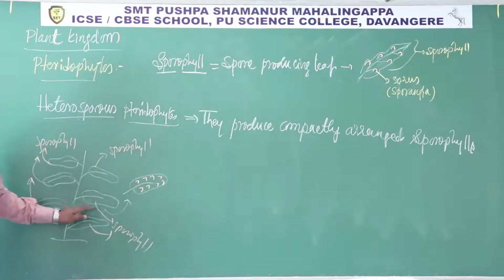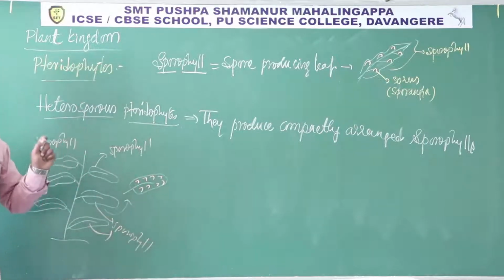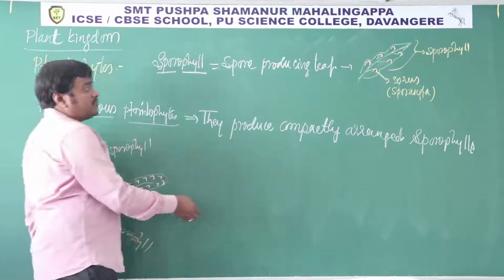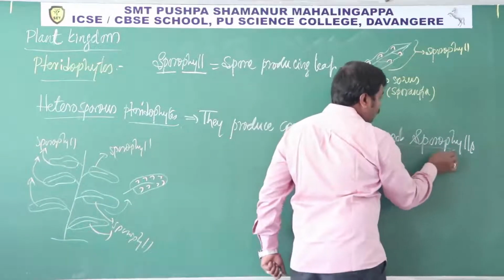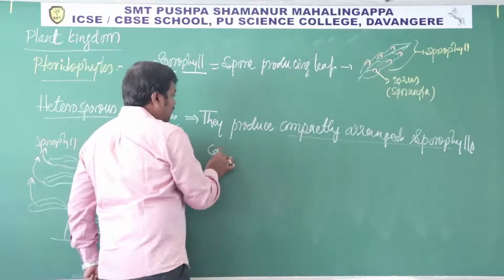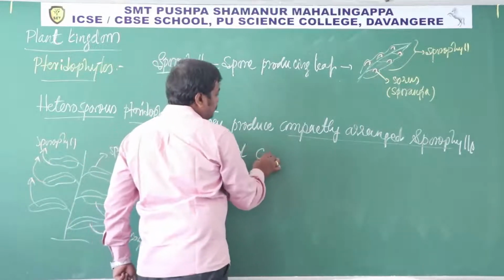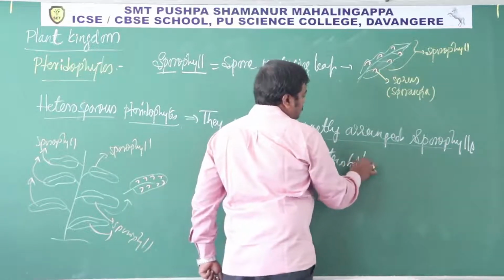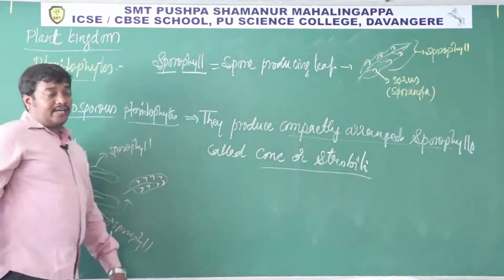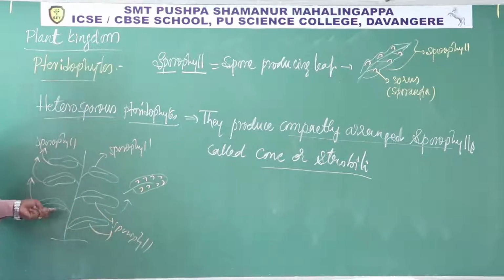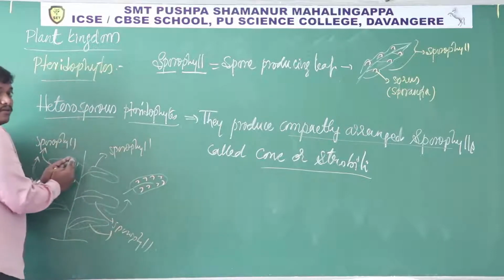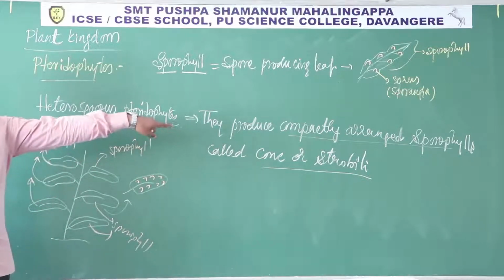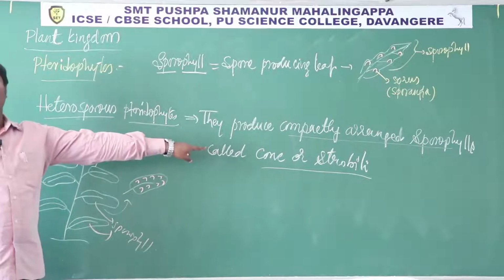In homosporous pteridophytes, these sporangia produce only one kind of spores. But in heterosporous pteridophytes, they produce compactly arranged sporophylls called a cone or strobilus. That is, all the sporophylls are grouped together to form a compact structure.